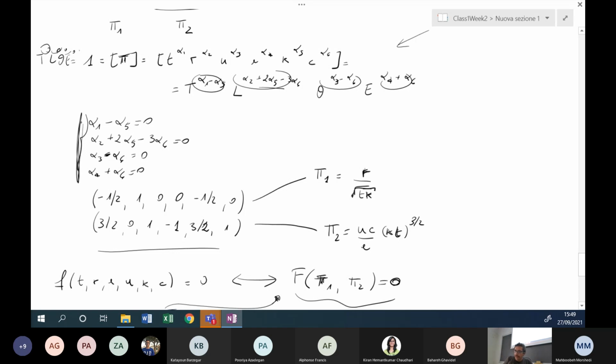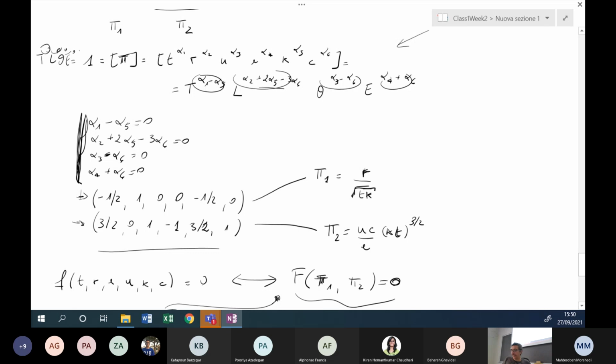Now, if I solve this linear system, I find these two independent vectors, which tell me the combinations of alphas such that the corresponding pi are dimensionless.